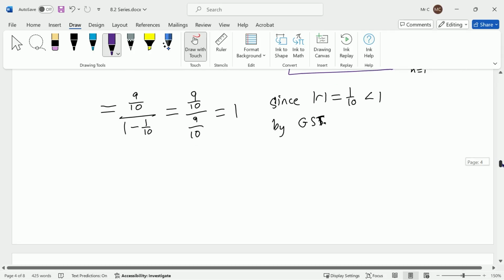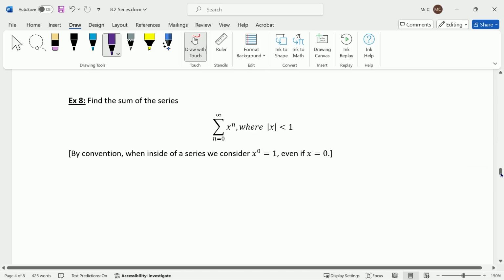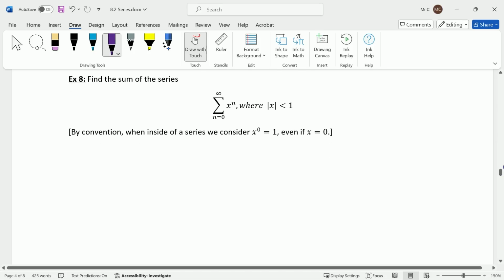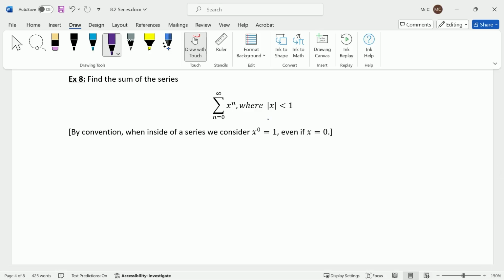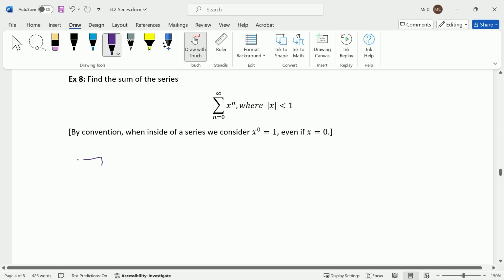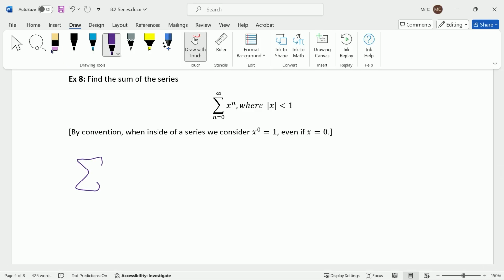Okay, so moving on. Find the sum of the series from n equals 0 to infinity of x to the n, where the absolute value of x is less than 1. So this sum looks a lot like our geometric sum, but it's a little bit off because our geometric sum starts from n equals 1 to infinity, not n equals 0.